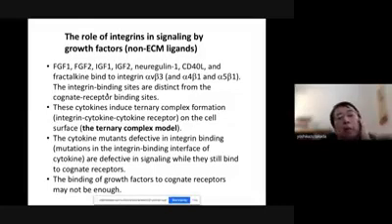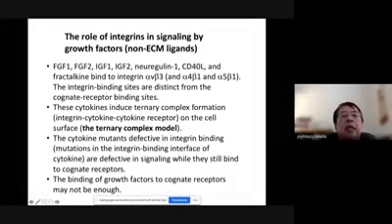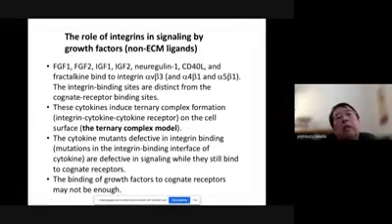So this is kind of a summary. We found many non-ECM ligands by using virtual screening of the protein data bank, and then we found these, and we showed that they bind to the integrin and the receptor at the same time, making a ternary complex.